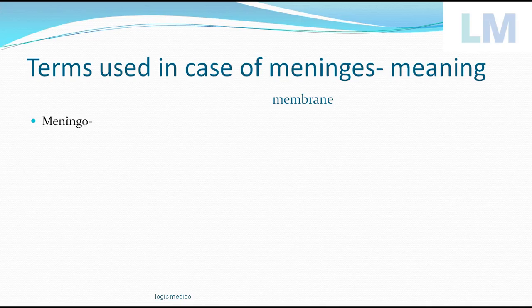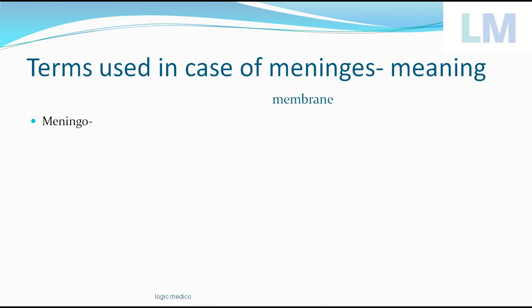Arachnoid mater is a spider web-like mother, delicate as well as tough. Whereas pia mater is a thin, delicate mother. So dura mater is the toughest mother, arachnoid mater is the 50-50 mother, tough and delicate, and pia mater is the thin and delicate mother.